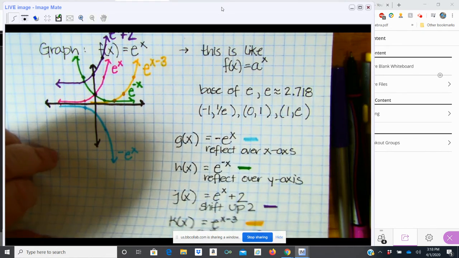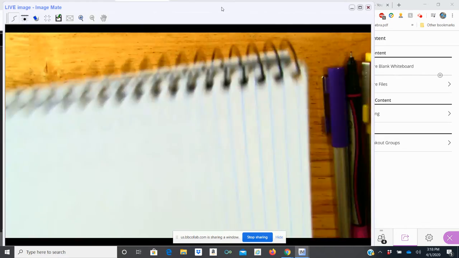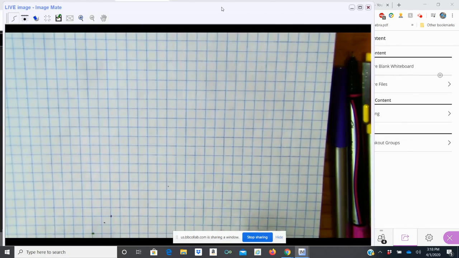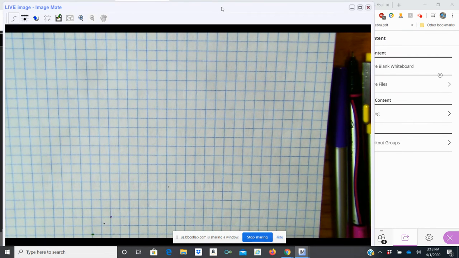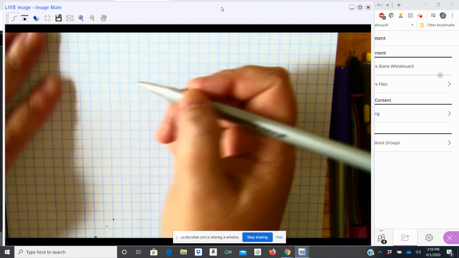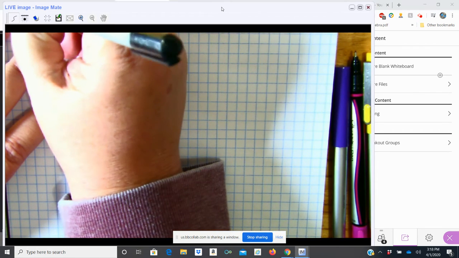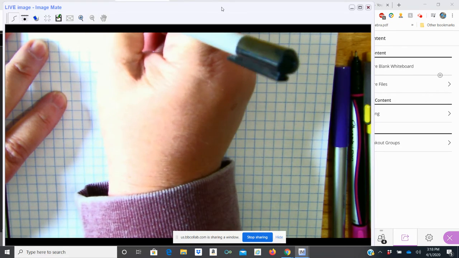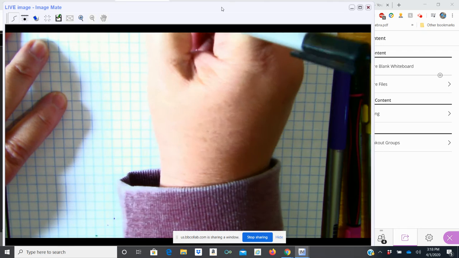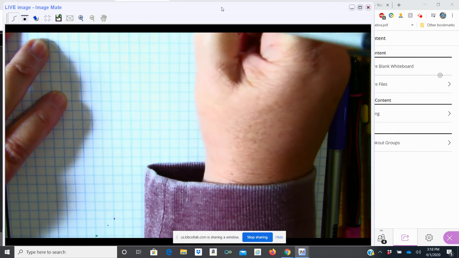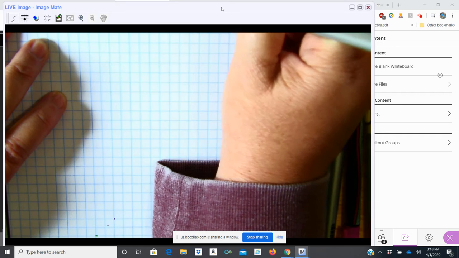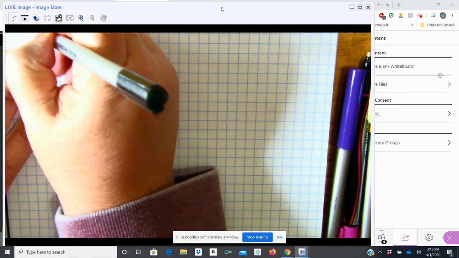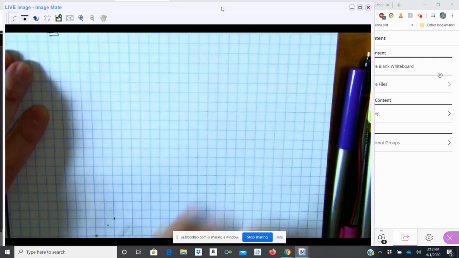All right, so let's try. Here we go. So here's 2 examples of some of what you'll have to do.